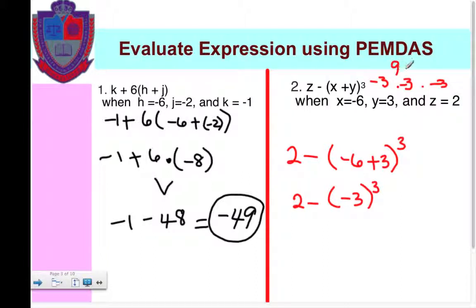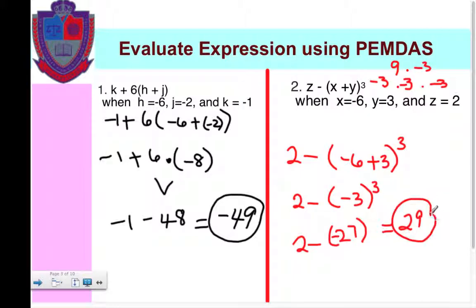This becomes 9 times -3, and this will give me -27. So this becomes 2 take away -27. 2 take away -27 is 29. That's it.